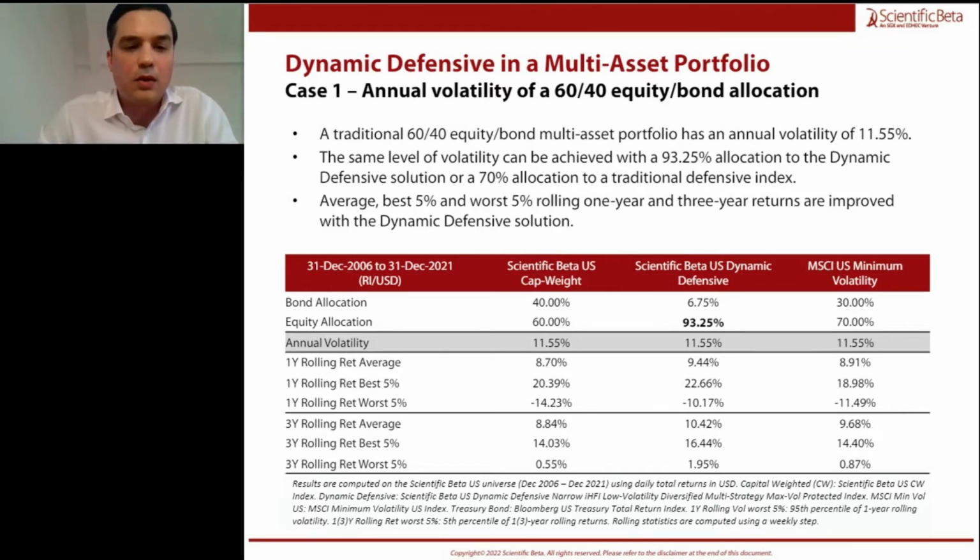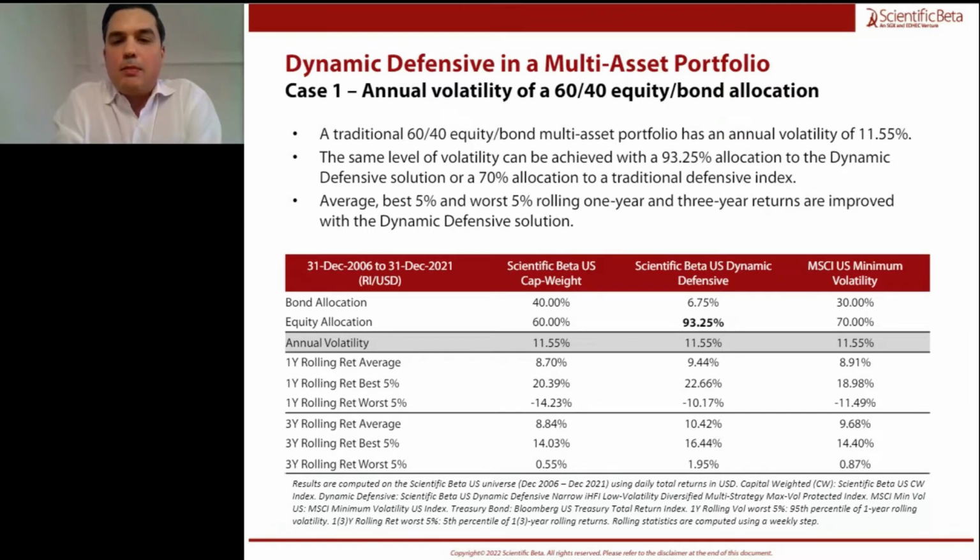If we turn now to the rest of the table, we can see that both the 1-year rolling average and the 3-year rolling average returns are considerably increased when you add the dynamic defensive setup. Similarly, if you look at downside metrics like the worst 5%, you can see that also these are much more improved if you use the dynamic defensive solution.